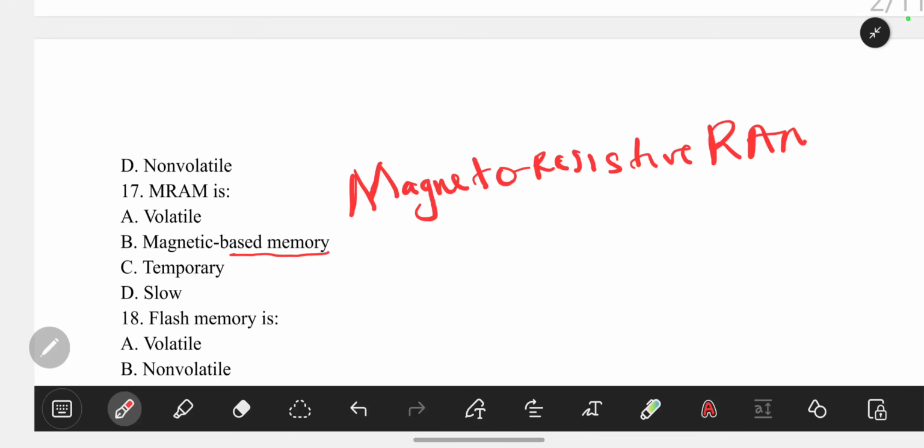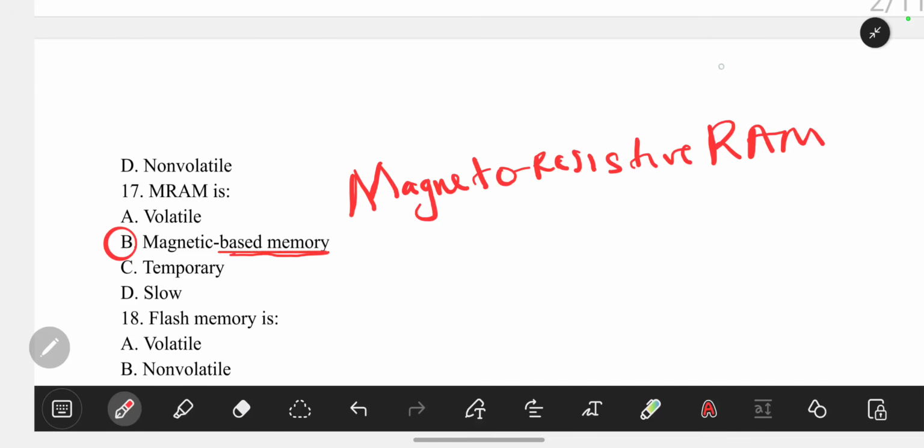It uses magnets in order to access information. It is not volatile, meaning it does not lose information when it is switched off.